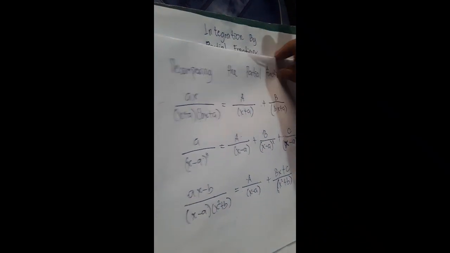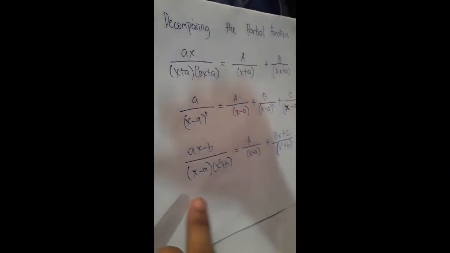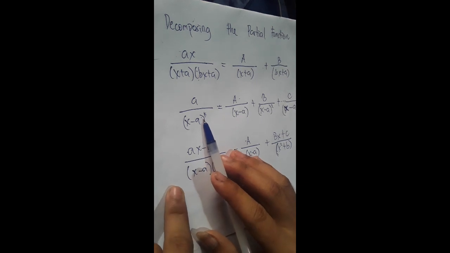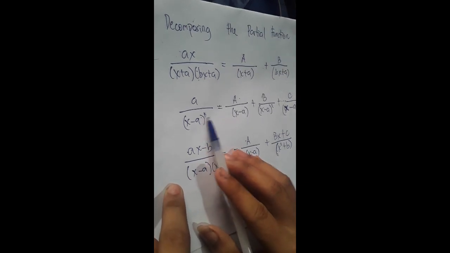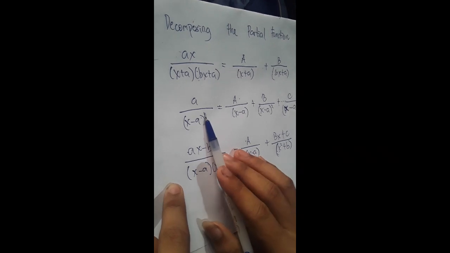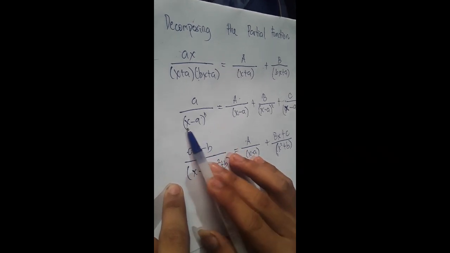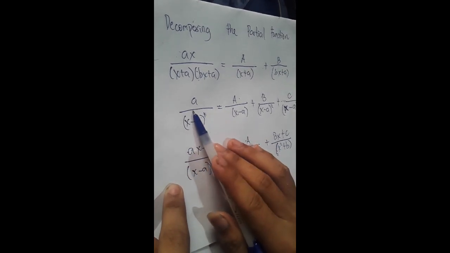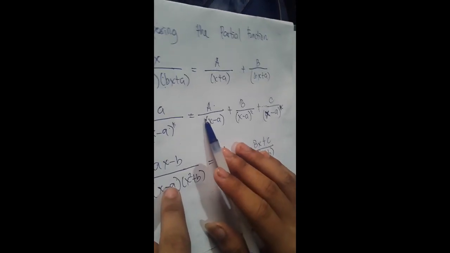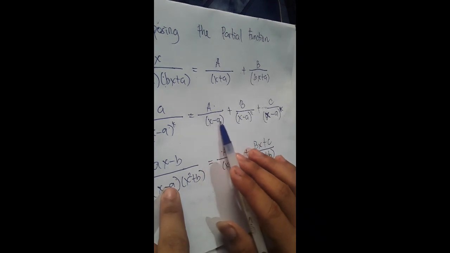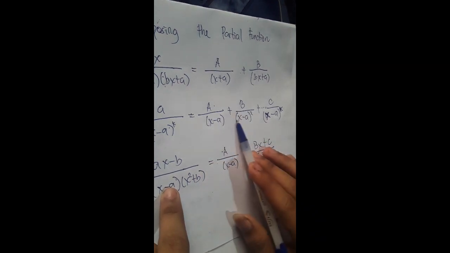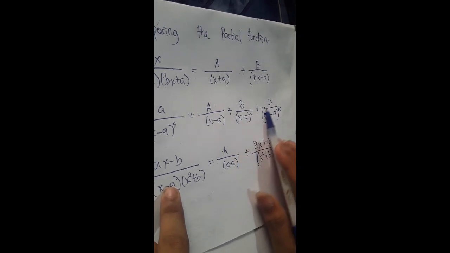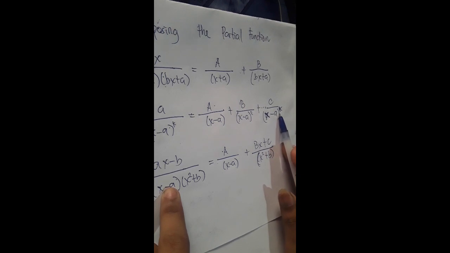For the second one, we have a over x minus a to the power of k, where k represents any constant number attached to this function. This is equal to a over x minus a plus b over x minus a to the power of 2, up to c over x minus a to the power of k.